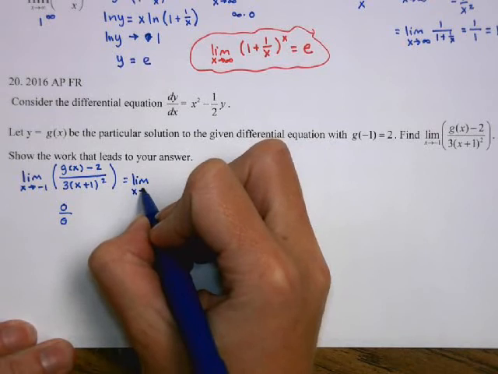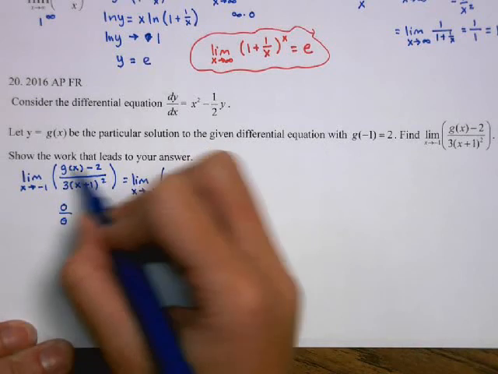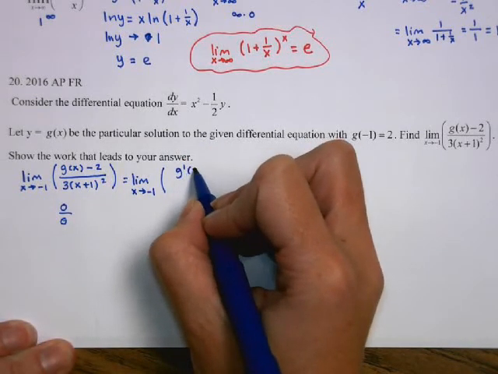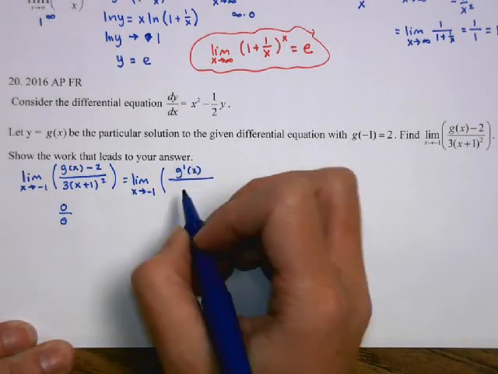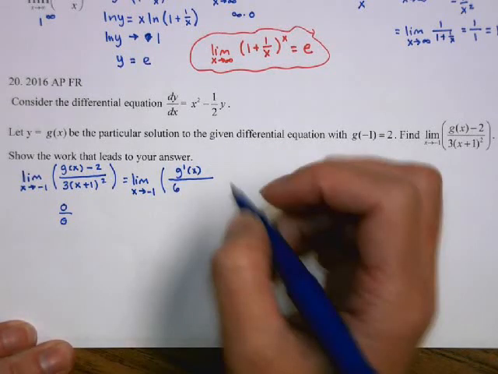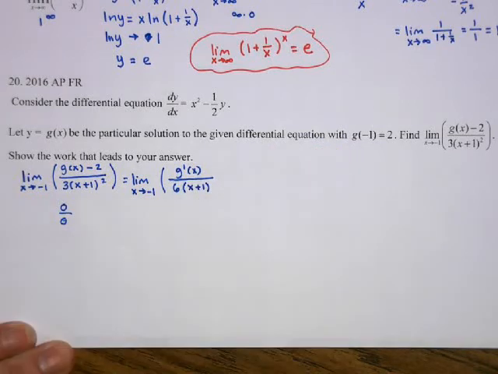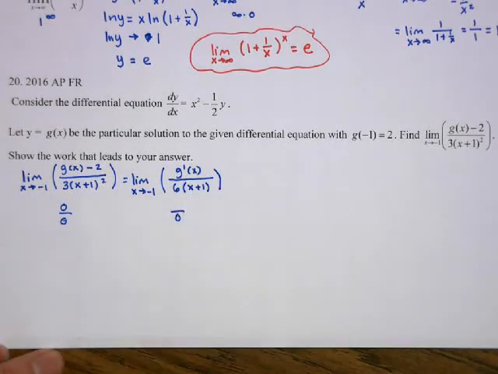So we're going to take the derivative, just straight the derivative of the top over the derivative of the bottom. The derivative of the top is just going to be g prime of x. The derivative of the bottom is going to be 6 times x plus 1. Well, I can tell right away that the denominator is still going to be 0, but what about the numerator? Because we need it to be 0 over 0 to use L'Hopital's rule.